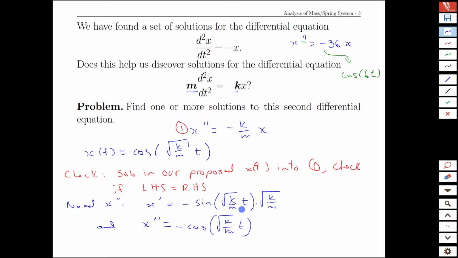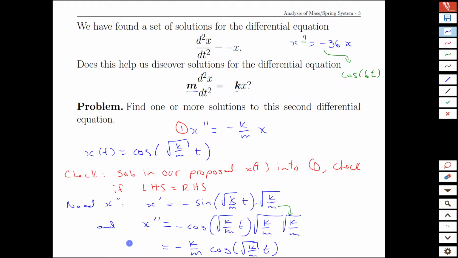We're going to get another multiplier of square root of k over m. And then this one that was already there is going to be copied down, and you can see where that's going. Two things multiplied that are square rooted. We get negative k over m without the square root altogether, times cos of square root of k over m times t. Square root only applies to the k over m part, not the t.